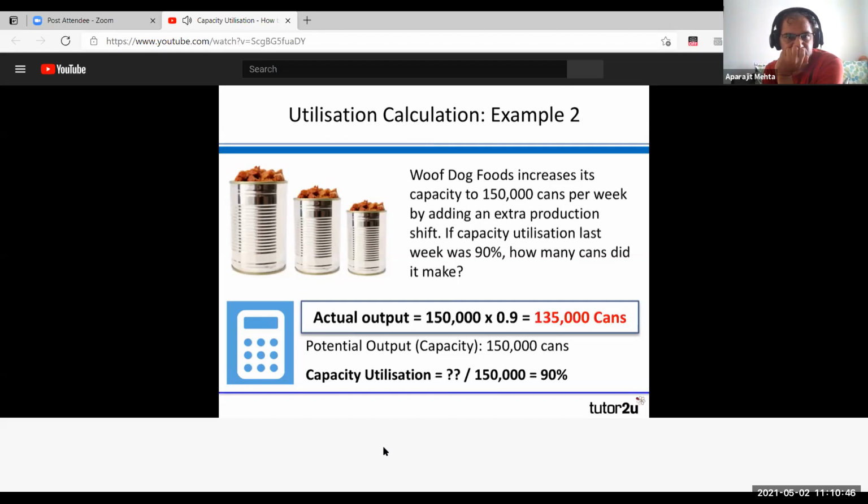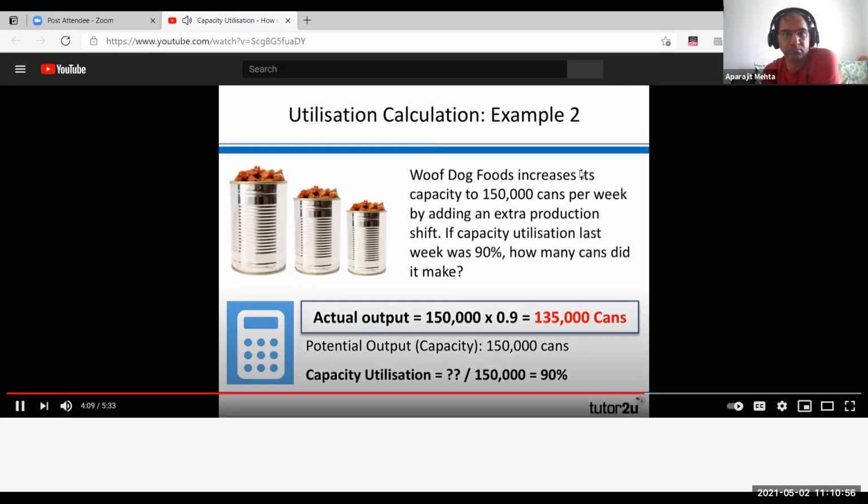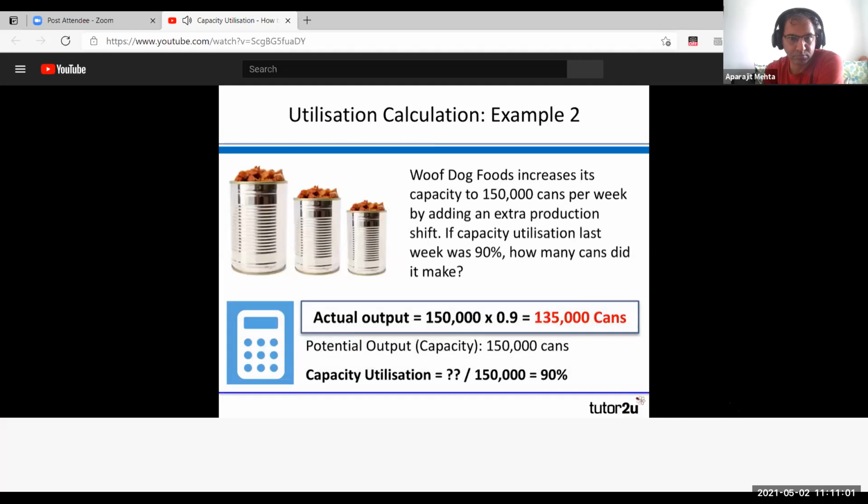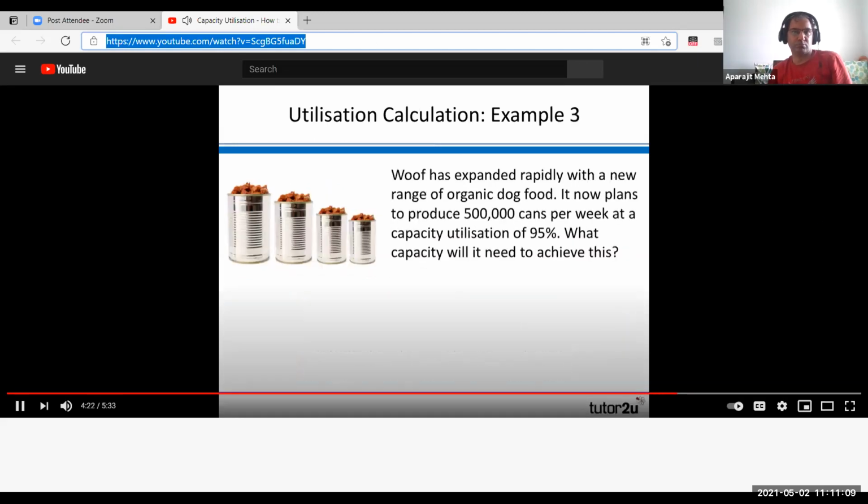So 150,000 times 0.9, or times 90%. That comes out at 135,000 cans of dog food. So that's how many cans Wolf Dog Foods made last week at a 90% utilization rate based on a capacity of 150,000 cans.